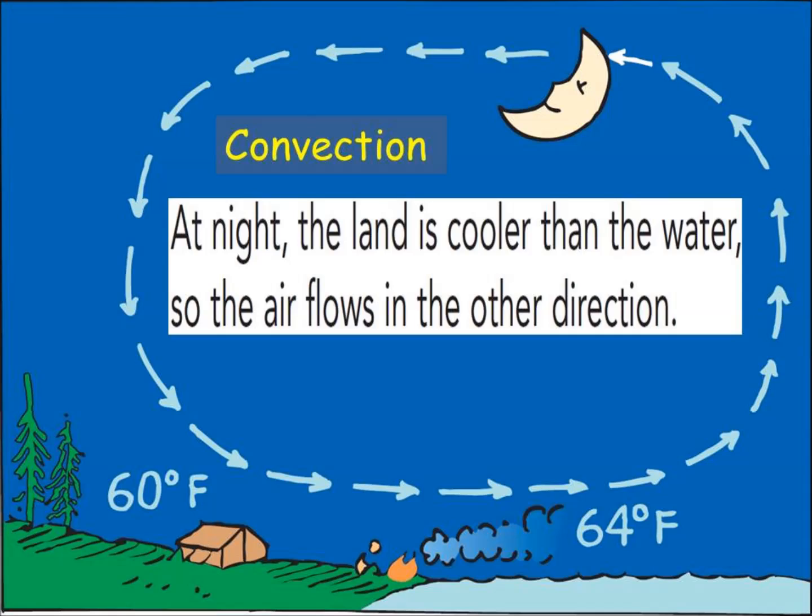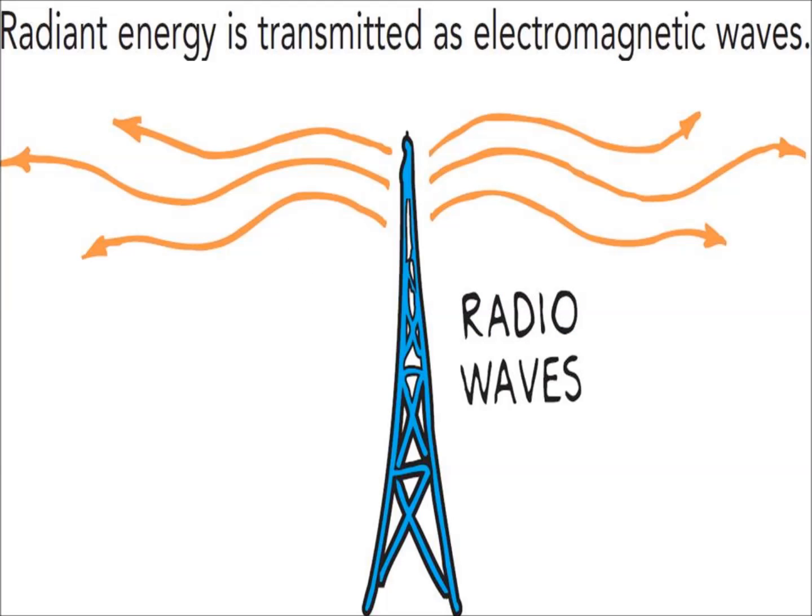Now, this is all convection. The next kind we're going to talk about is heating through radiation, which is, I think, a little interesting. Radio waves are a form of electromagnetic radiation.